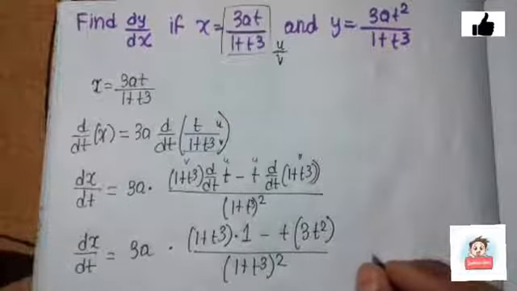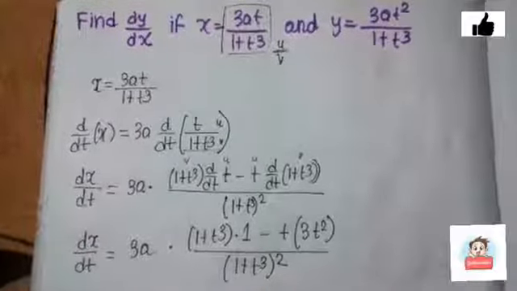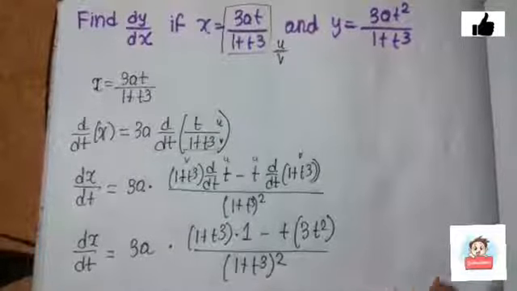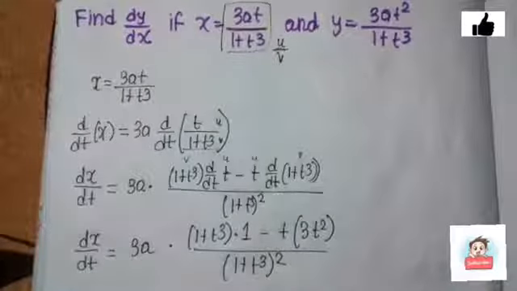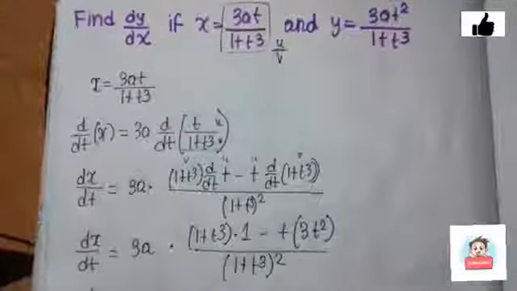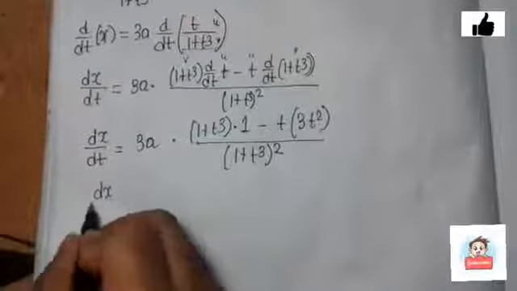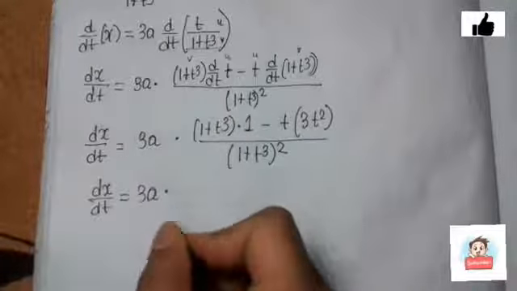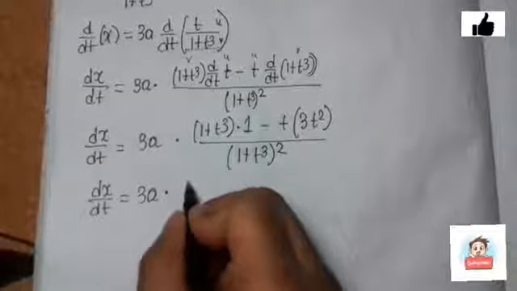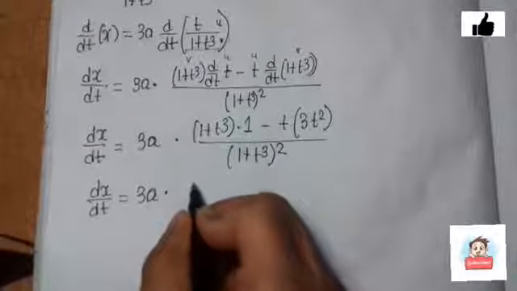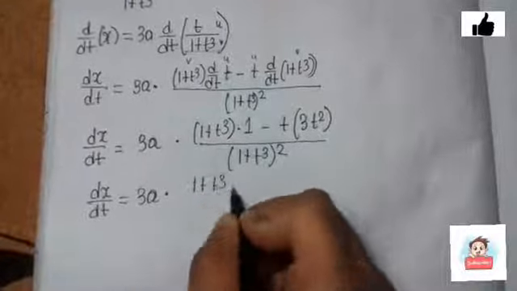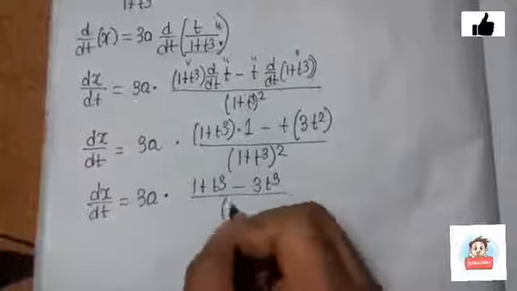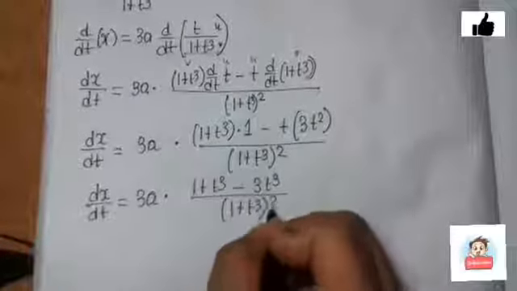We will write the next step directly: dx by dt equals 3a into 1 plus t cubed minus 3t cubed, whole divided by 1 plus t cubed whole square.